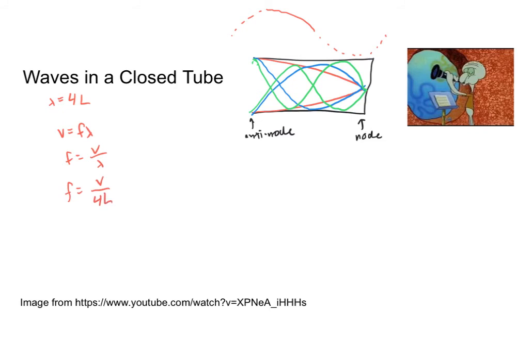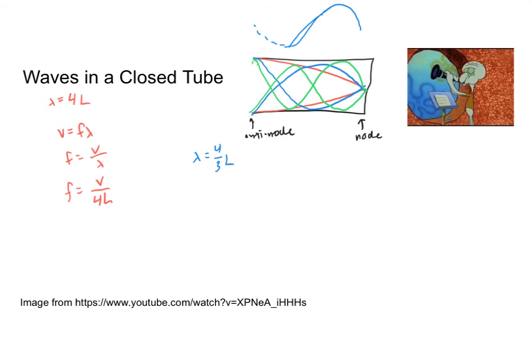Let's do the blue tube now. My blue wave I can see is 3/4 of a wavelength, because my wave goes up and down and is just missing the part where it comes back up again. So that means that lambda is equal to 4/3 of L, because 3/4 of my wave is in my tube.